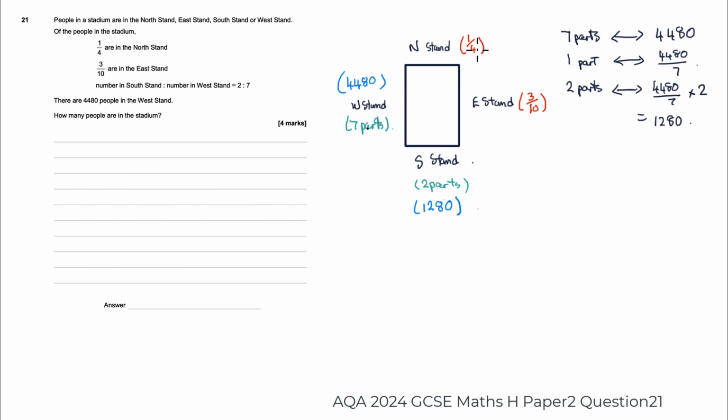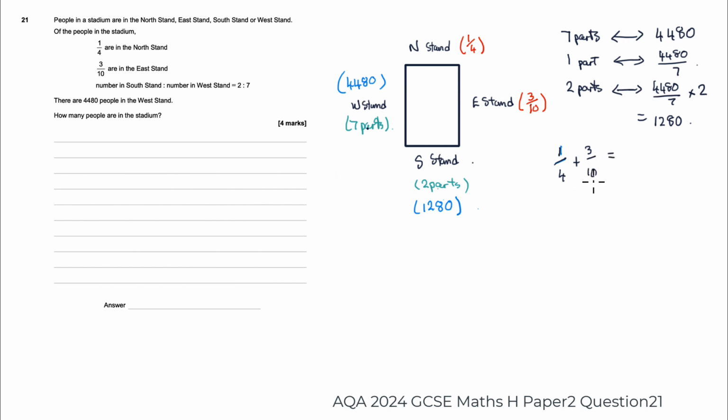Let's deal with the fractions up here. And if we add a quarter to the 3/10, we'll find the fraction of the total people that are in the north and the east stands. That would presumably help us. So let's try that. There's 1/4 plus 3/10.